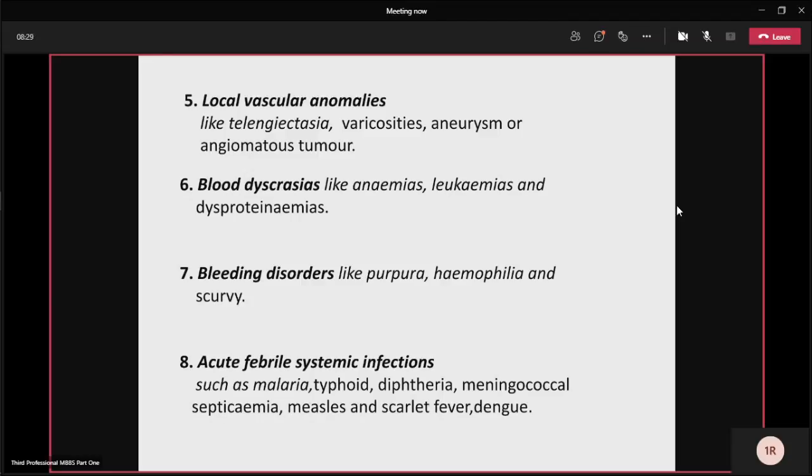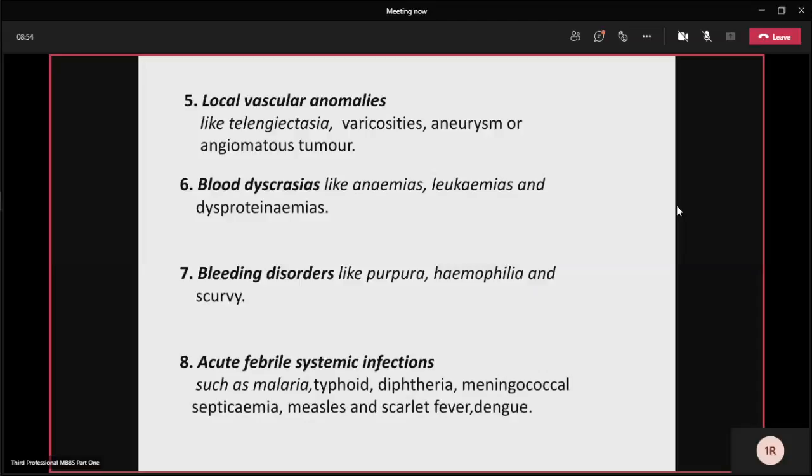Then we have blood discrepancies like anemia, leukemia, dysproteinemia. If there is a bleeding disorder like hemophilia, purpura, scurvy, the vessels are so fragile that the hemorrhage can occur spontaneously.